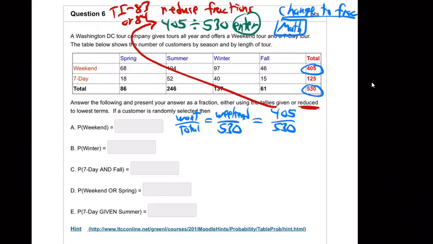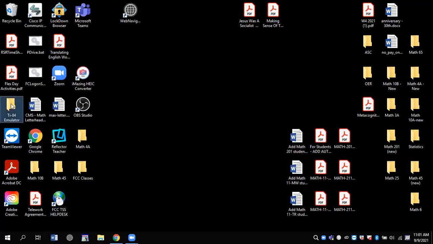Hit math, and then hit enter twice. It'll automatically change it to a reduced fraction for you, which in my case, I think already is reduced. Let me share my screen and actually do it on my emulator calculator.